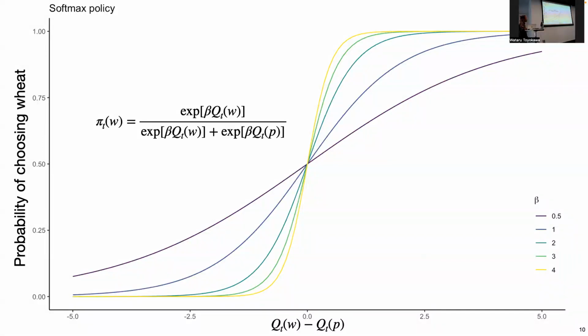You might have a much higher Q value than potato, but you still have some chance to choose potato. So your choice might be more explorative. So yeah, we can model how this exploitation is balanced, and it is captured by this beta value.